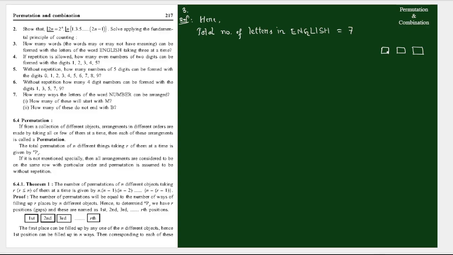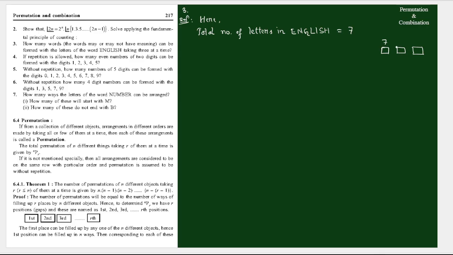So this is the first place. In how many ways can it be filled? How many letters can you use here? I think here repetition is not allowed. Three letters at a time. So for the first place, how many letters are there? 7. So one is chosen.